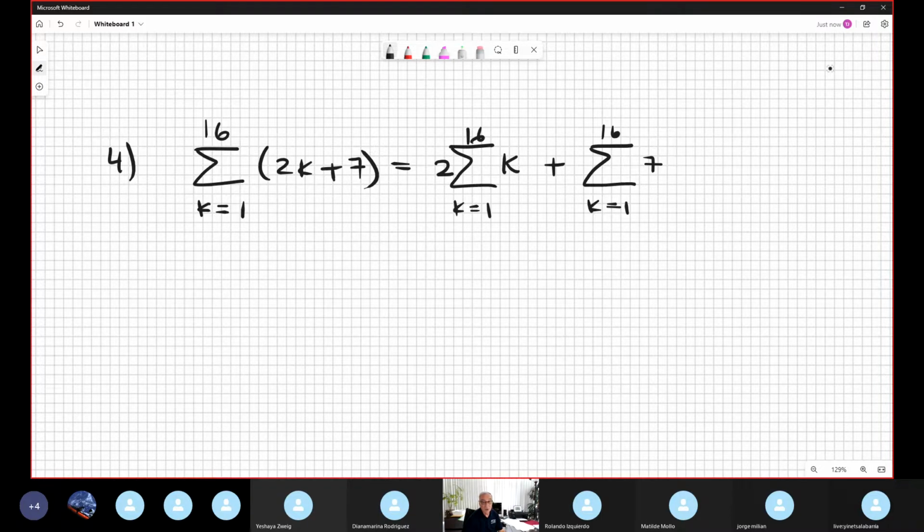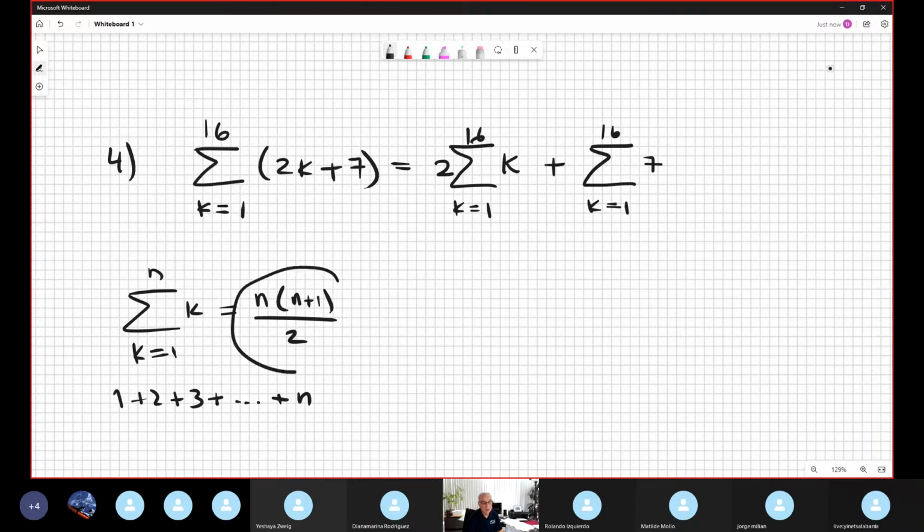Entonces, the only thing you need to remember is that formula. Summation from k equal 1 to n of k is n times n plus 1 divided by 2. It's the formula that allows us to add the first n natural numbers. So 1 plus 2 plus 3 plus up to n.